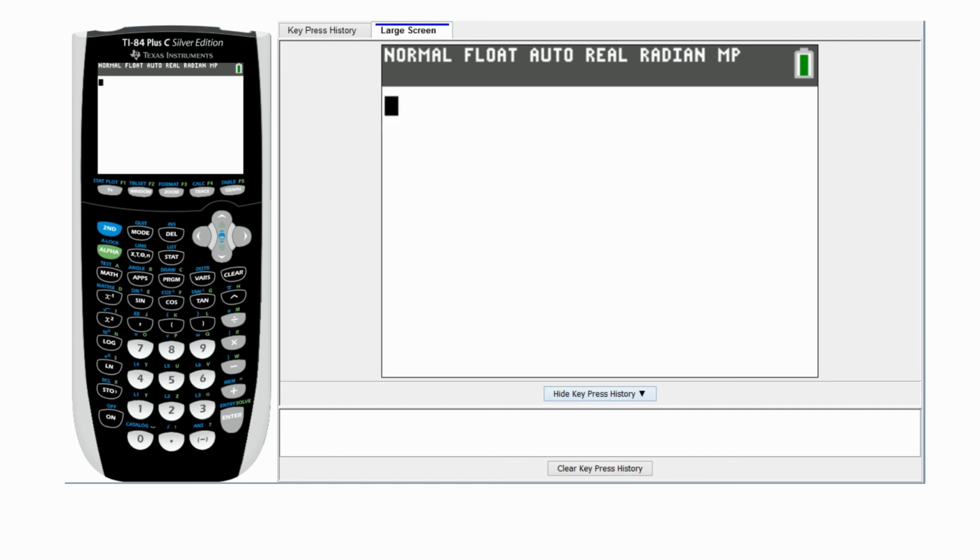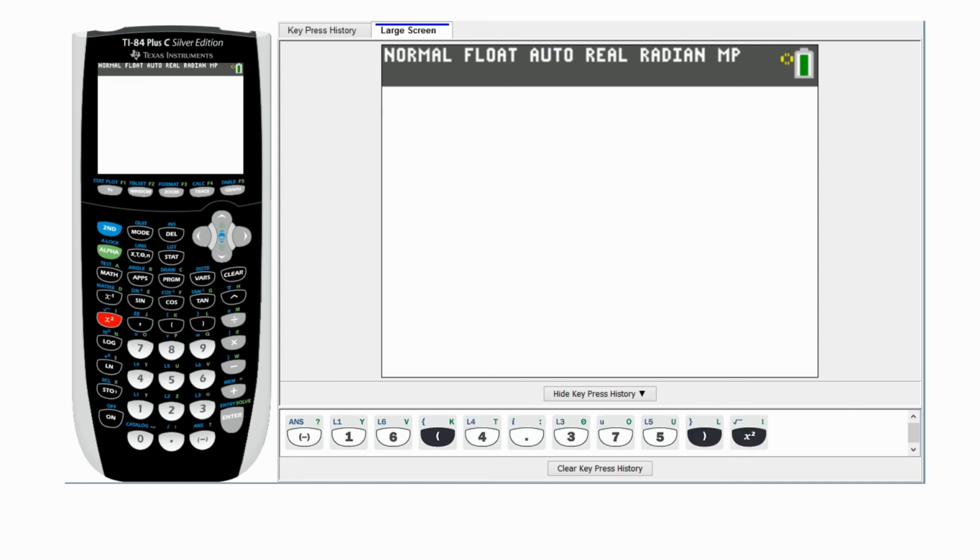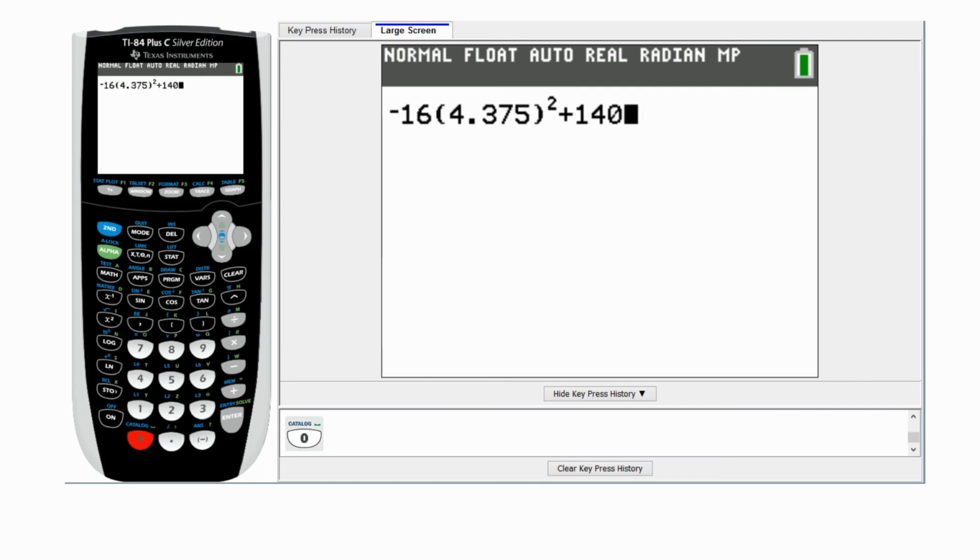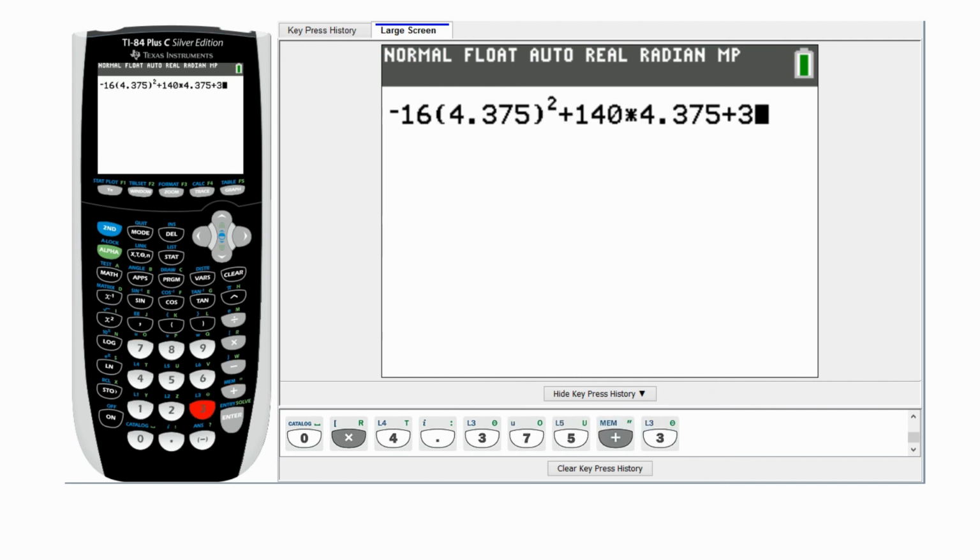So we start by typing in negative 16 parenthesis 4.375 close parenthesis squared plus 140 times 4.375 plus 3. Enter.